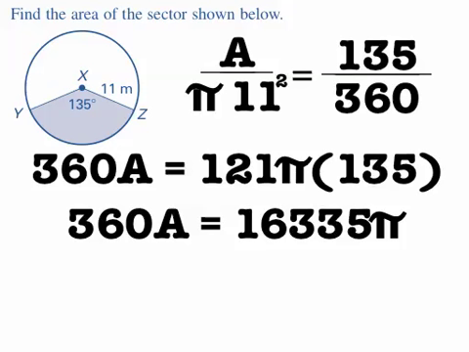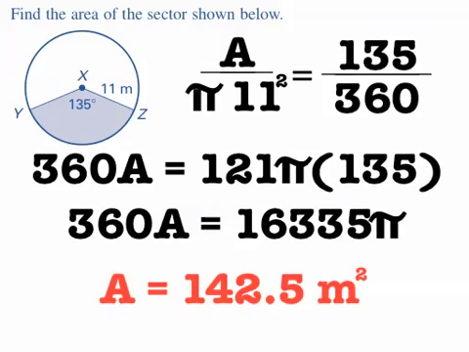In the next step I left 360A equals, I multiplied 121 times 135, which gives me 16,335 pi. I need to divide both sides by 360, and when you plug it into your calculator, you should get around 142.5 meters squared. I'm talking about the area of a sector, so I need to make sure that in my answer I'm putting my units squared.